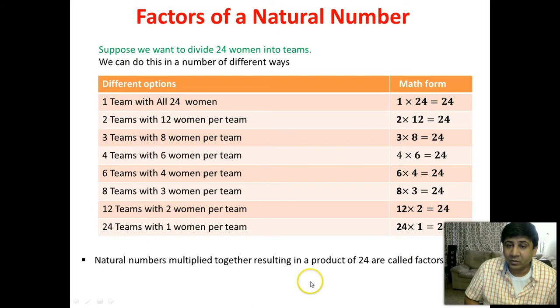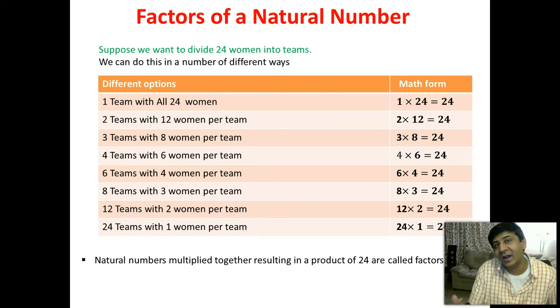In other words, all these numbers divide 24. We cannot have 5 teams because 5 does not divide 24. We cannot have 7 teams because 7 does not divide 24 evenly. So only those numbers are factors which divide 24 with remainder 0.